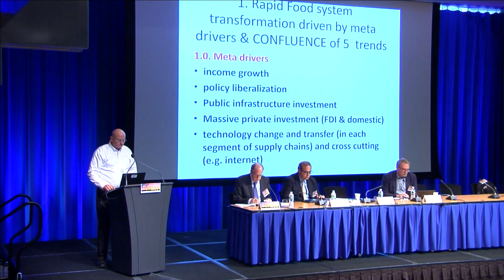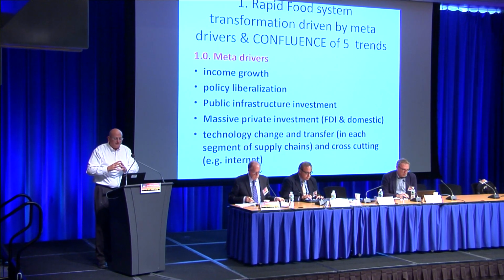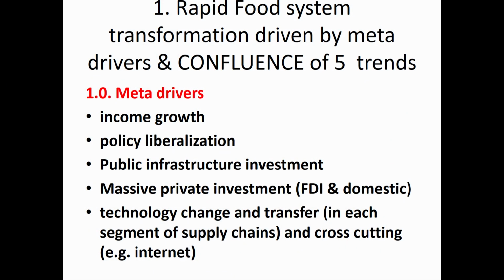What has driven that sudden transformation is a collection of two kinds of changes. One are what I'll call meta drivers, which are basically things that affect all the parts of the system. And then within the food system itself, a confluence of 5 trends.